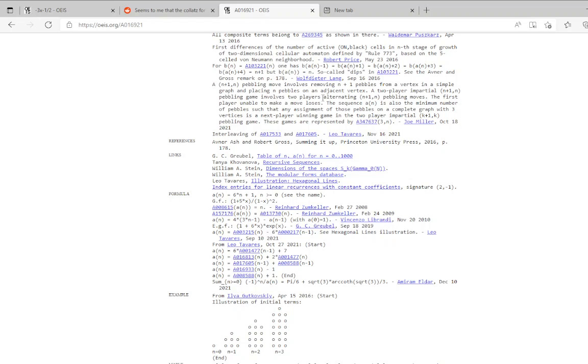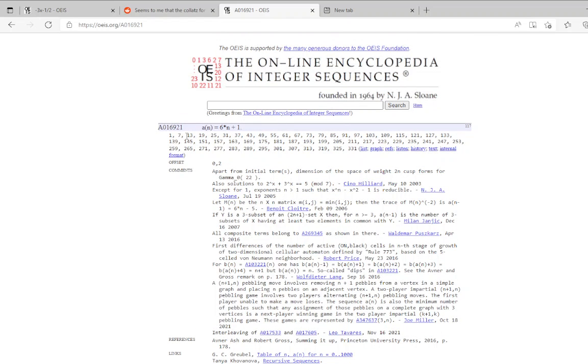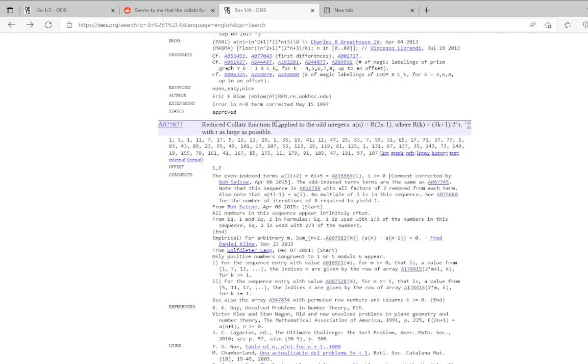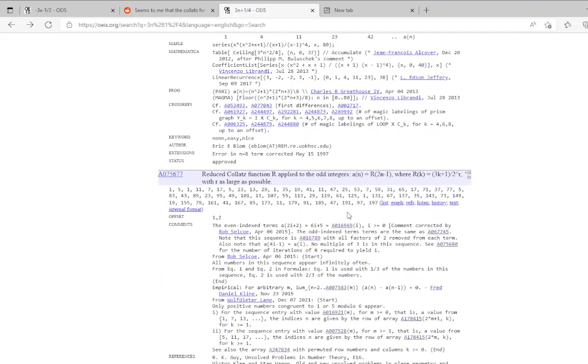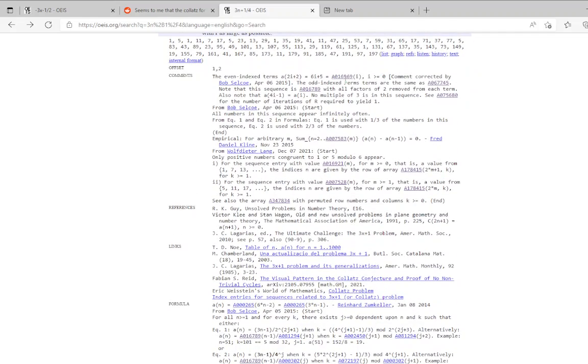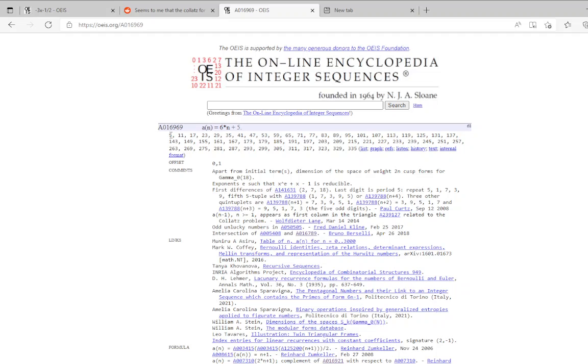And then doing that, the reason for that is because of this: 1, 4, 7, 10, 13, 16, 19, 22, and 2, 5, 8, 11, 14, 17, 20, 23, 26, and so on and so forth.